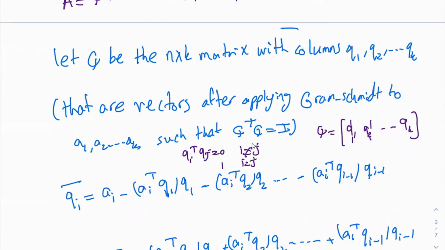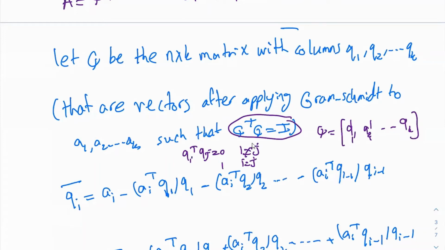Okay? Therefore, if these Q vectors Q1, Q2, all the way to Qk are the columns of a matrix Q, I should have Q transpose times Q equal to identity, right? That was our definition of matrices with orthonormal columns. Okay, so that's this.